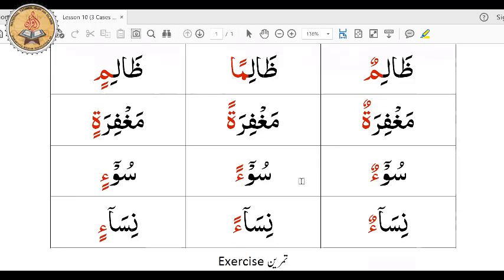Because when Hazrat Jibreel alayhi salam, the archangel Gabriel, made his first contact with the Holy Prophet ﷺ, it was through vocal command, Iqra, and then we know the beautiful story after that.